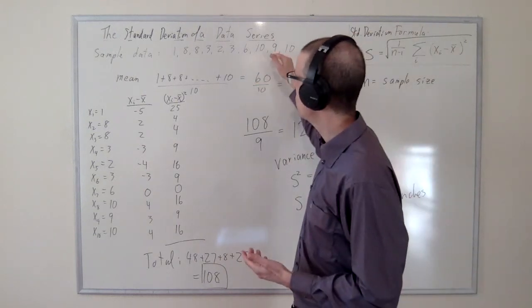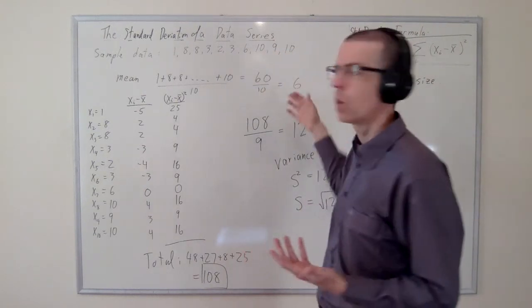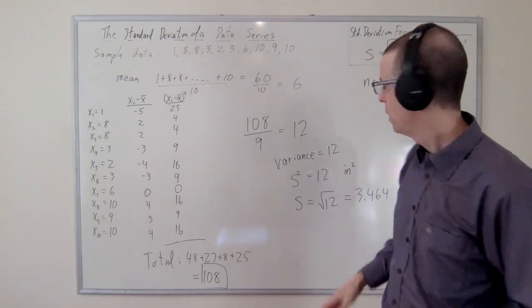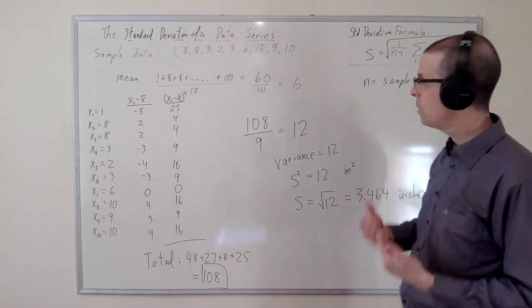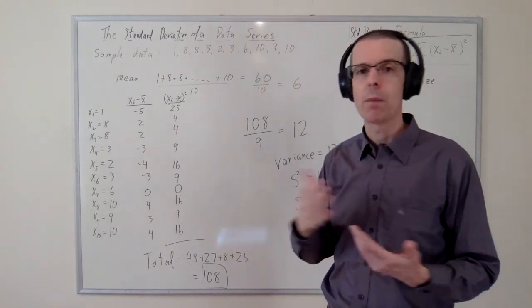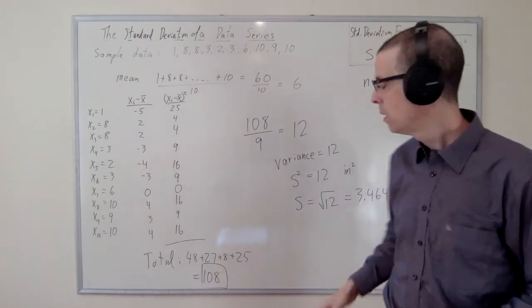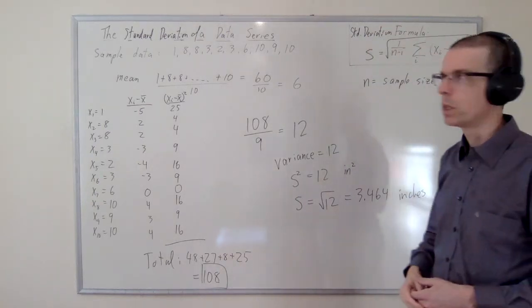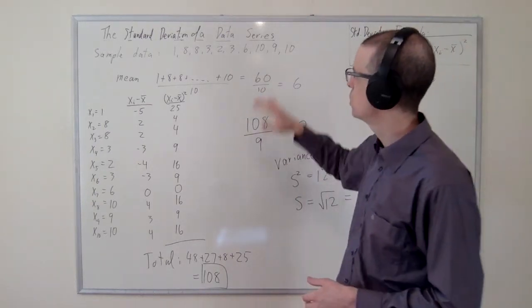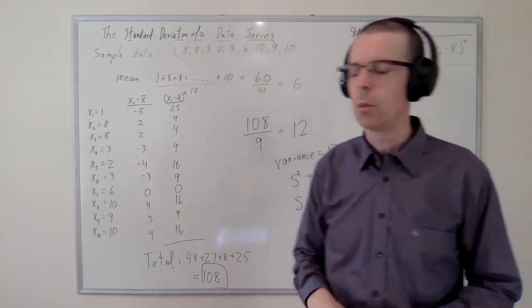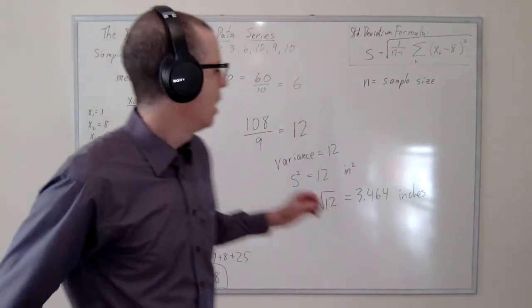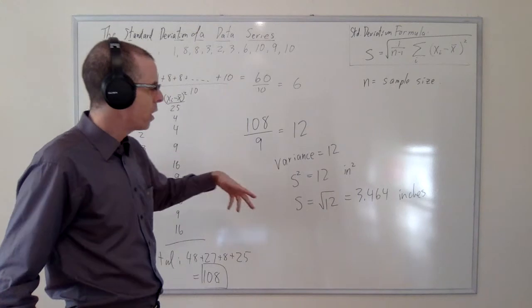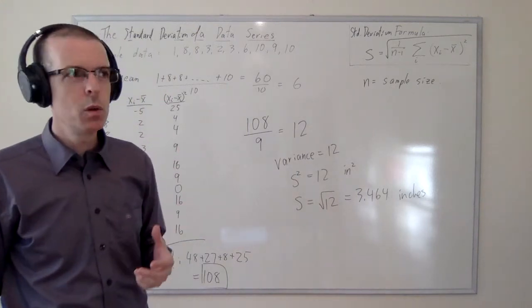Yet again, if these are quiz scores, then the average quiz score is about 6 points, and quiz scores typically tend to vary above and below that average of 6 points by about 3.5 points. We could worry about maybe this quiz was too hard because the scores ended up a little bit low, but that's beside the point.